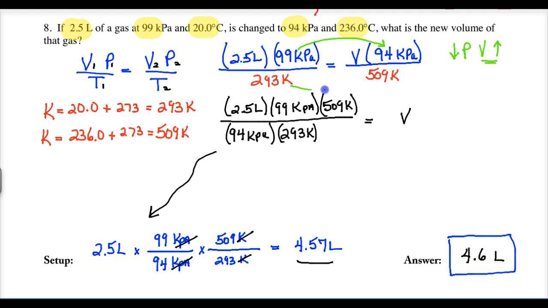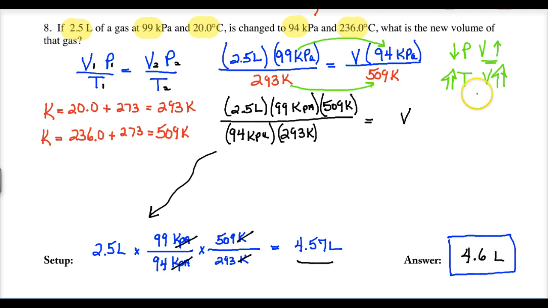Then look at temperature. Temperature increases a lot, much larger. And how do temperature and volume relate? Those are directly related, so the volume should go up a lot. If you look at 293 to 509, it's a little less than doubling, but it's significant.